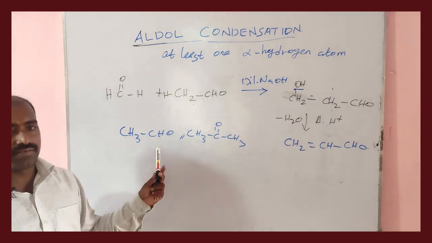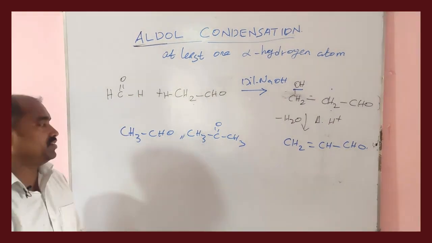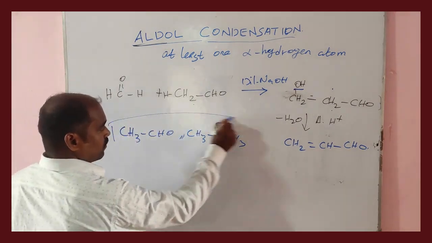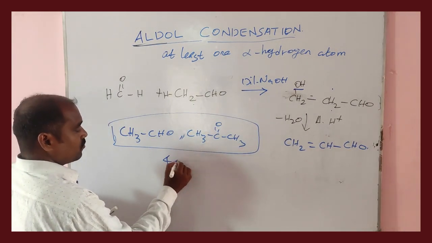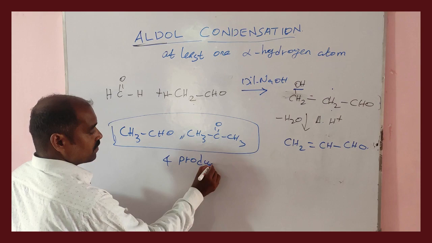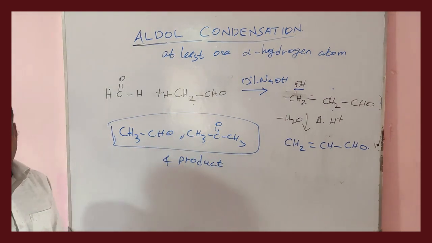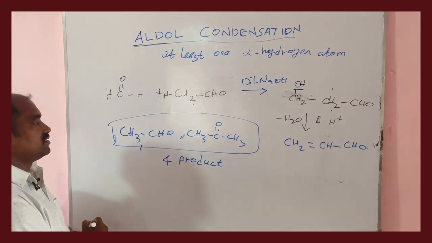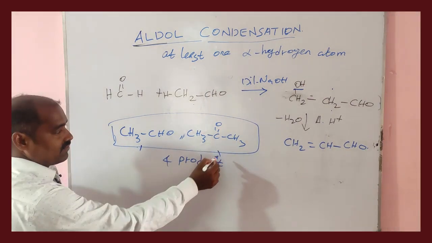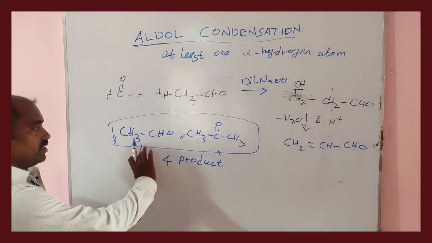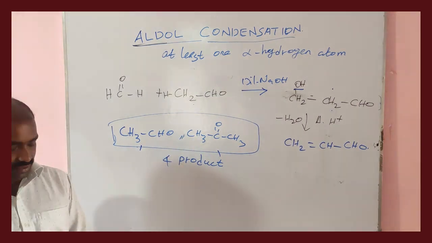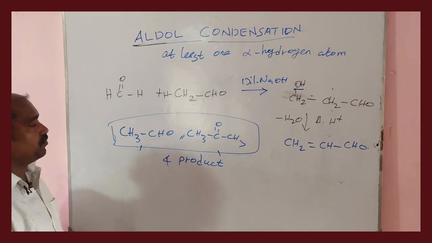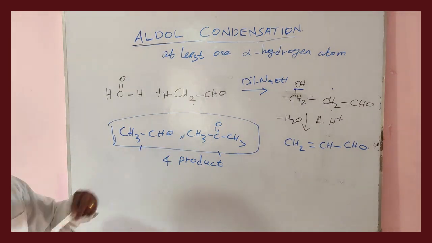How many products are formed by the aldol condensation reaction with these two compounds? These two compounds give 4 products. How many products? 4 products formed. This is the self condensation, 1 product. This is self aldol condensation, 1 product, and in both mixed aldol condensations, you get 2 products. Overall 4 products are obtained from these compounds.